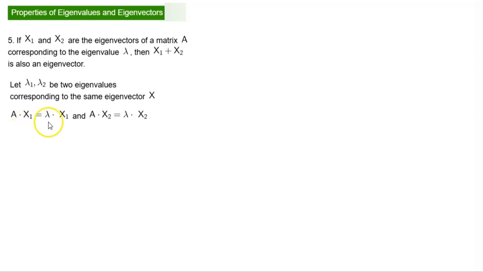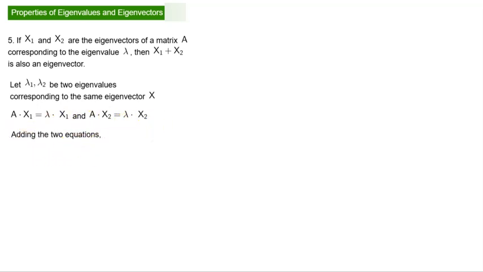Fifth, if x1 and x2 are eigenvectors of a matrix A corresponding to the eigenvalue lambda, then x1 plus x2 is also an eigenvector. Then A times x1 is equal to lambda times x1 and A times x2 is equal to lambda times x2.